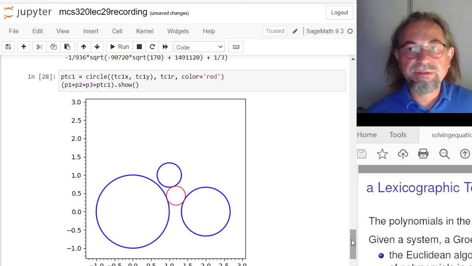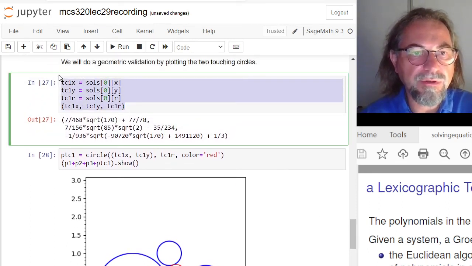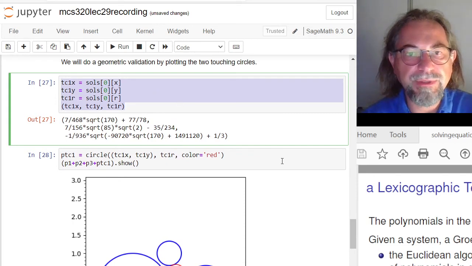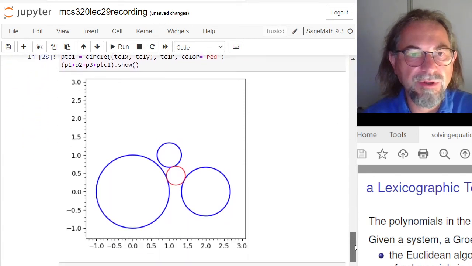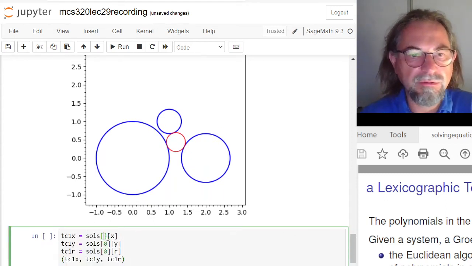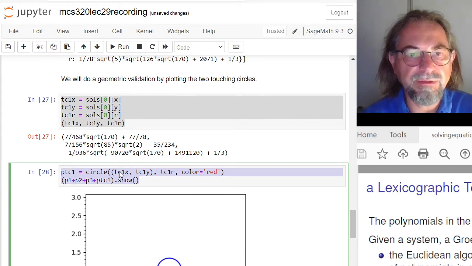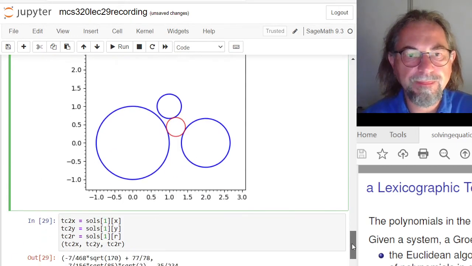Now I will repeat everything for the other solution. I could copy and paste in the same window, but I will not do this. I will just adapt all the indices. So this is the second touching circle, and then I have the corresponding plot.